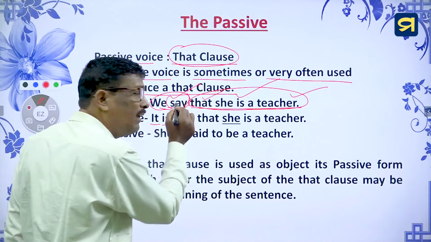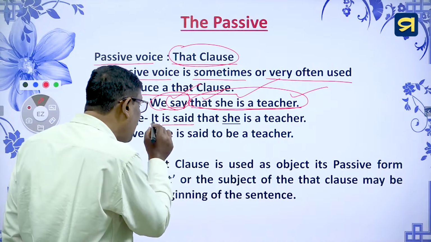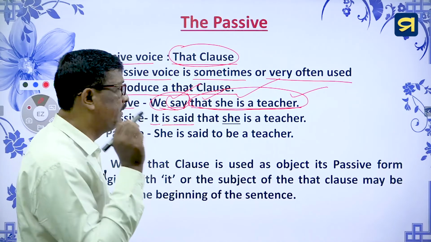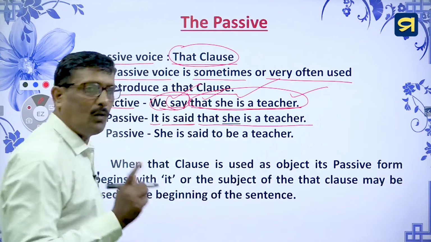It is in the present simple tense, that's why it is followed by "is" and the third form of the verb say, "said". It is said that she is a teacher.